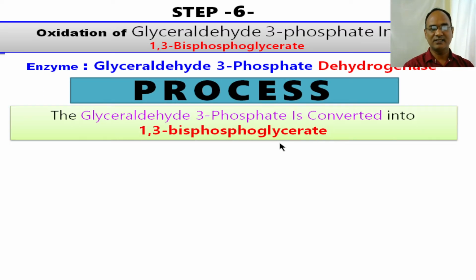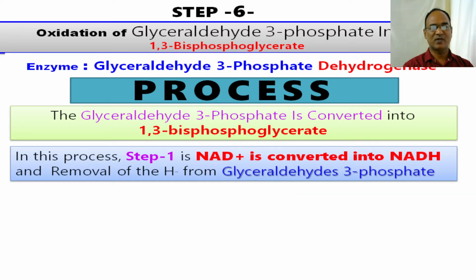Glyceraldehyde 3-phosphate is converted into 1,3-bisphosphoglycerate with the help of glyceraldehyde 3-phosphate dehydrogenase. In the first step, NAD is converted into NADH by the removal of one hydrogen from glyceraldehyde 3-phosphate. This is a very important conversion.